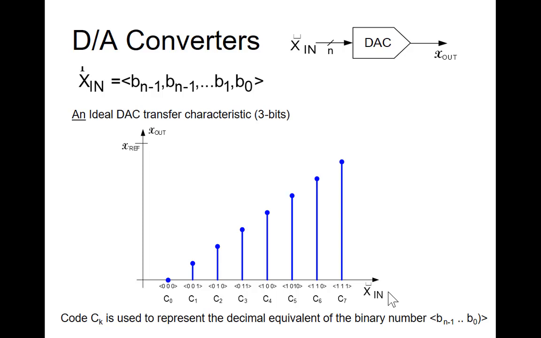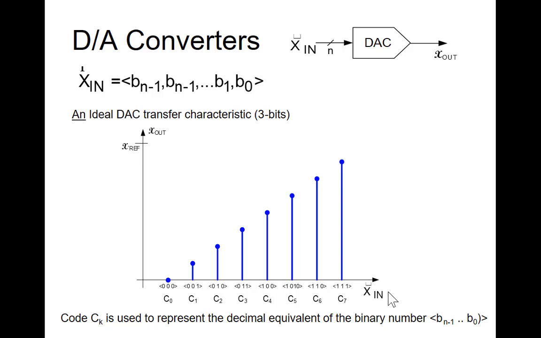A DAC really should be represented as a stem plot. A lot of times you'll see people use a plotting program and they'll connect these points together, but there really is no connection. A DAC is really represented as a stem plot. It gets tedious to represent the inputs in Boolean form, so oftentimes we will have a code, CK, corresponding to the k-th Boolean input.